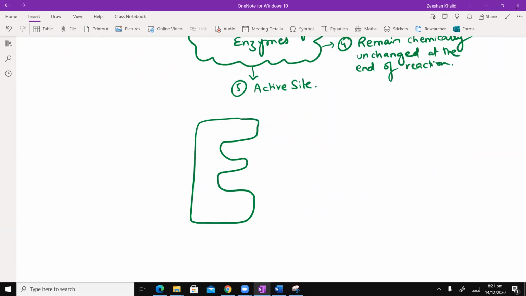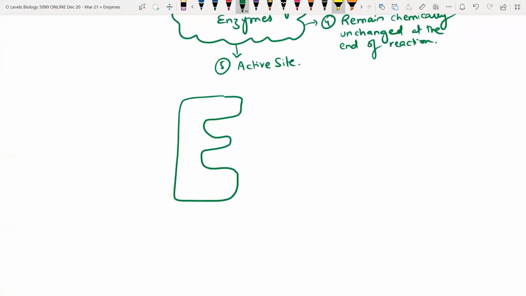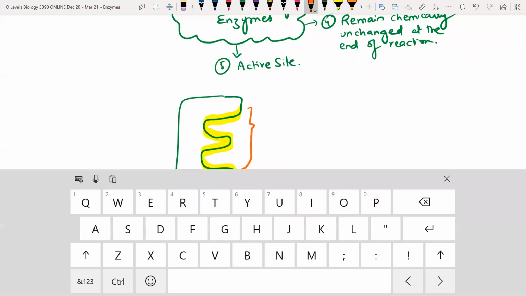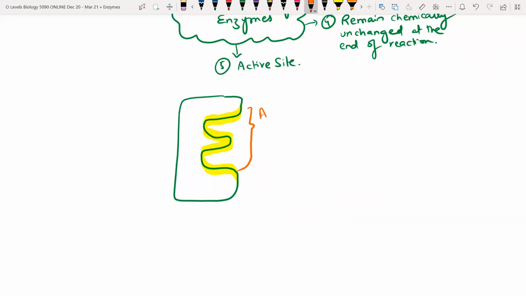Okay, I drew an E, but this is an enzyme, and the portion that I am highlighting with yellow color, all of this is basically the active site. Okay, this is known as the active site.